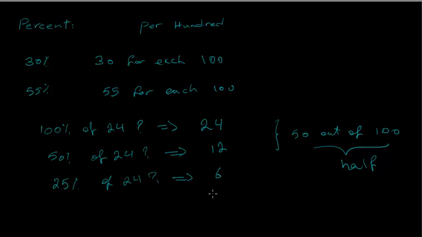Let's say, instead of saying 12 out of every 100 patients are female, we would say 12% of patients are female.